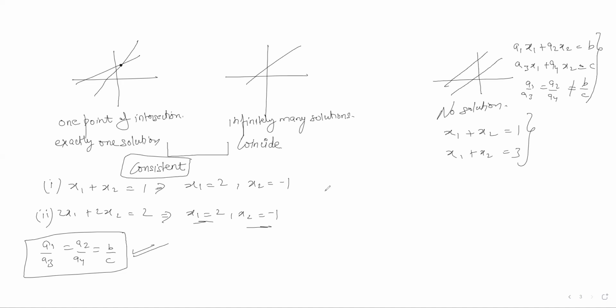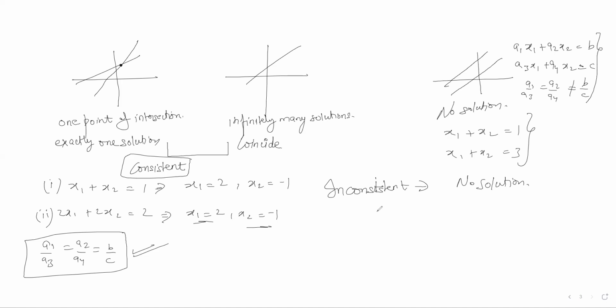And if there is no solution at all, we will say the set of linear equations is inconsistent. Inconsistent means no solution. So in the case of parallel lines, the set will be inconsistent as it will have no solution.